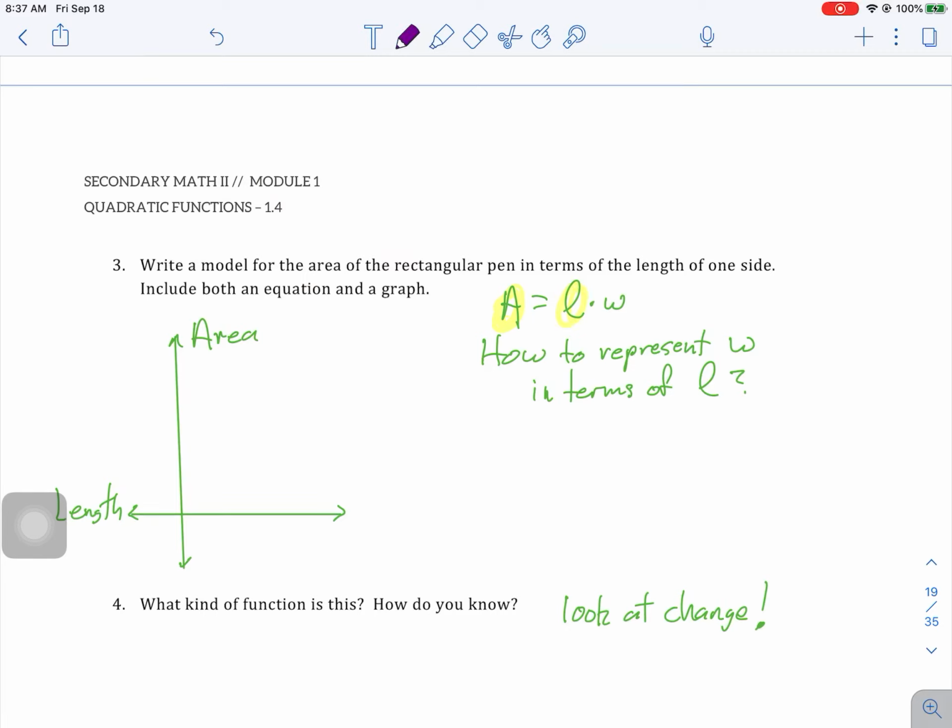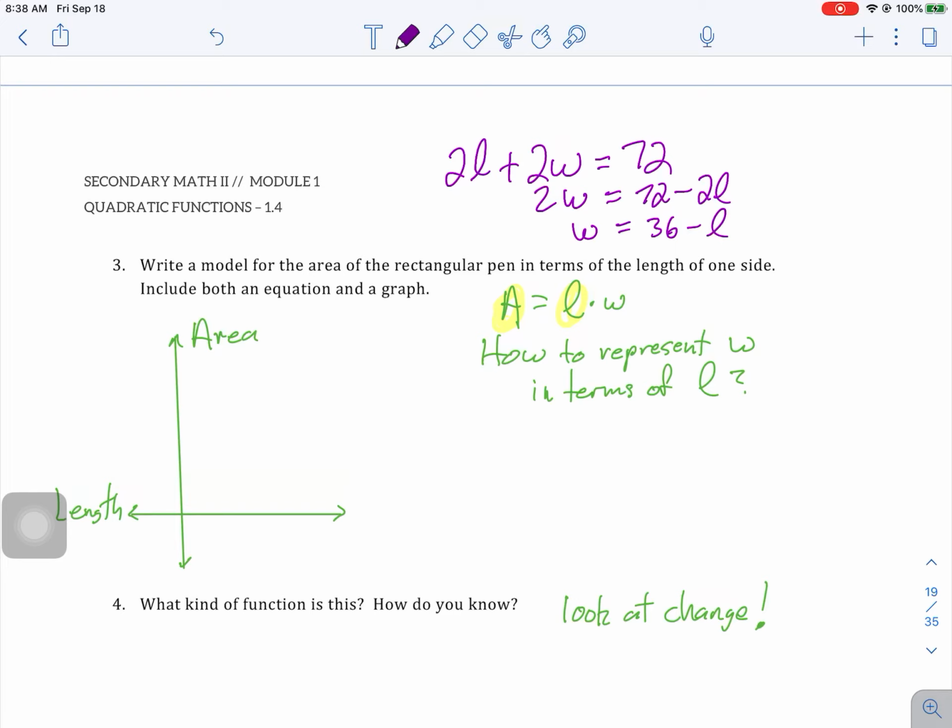So I can use my equation of 2L plus 2W equals 72, and I can write W in terms of L. This would mean that 2W is 72 minus 2L. So W is 36 minus L.